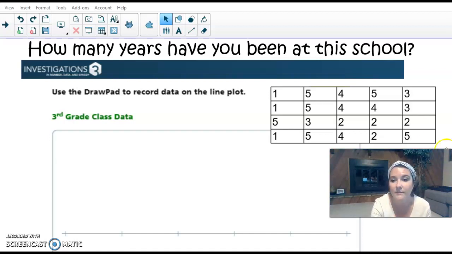Okay, so I'm looking at the data here, and just take a moment and look at the question. How many years have you been at this school is the question I asked my students, and these were their answers. So when I'm creating a line plot, I want to note what the numbers are and what they mean.